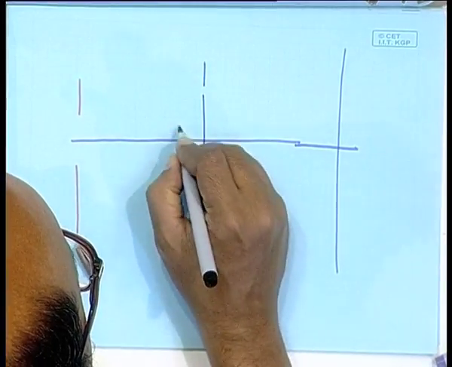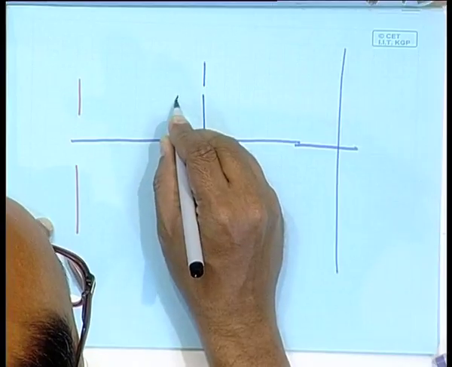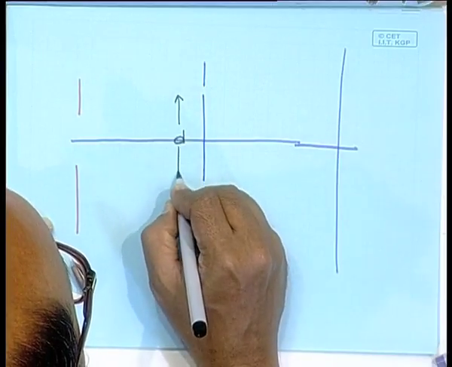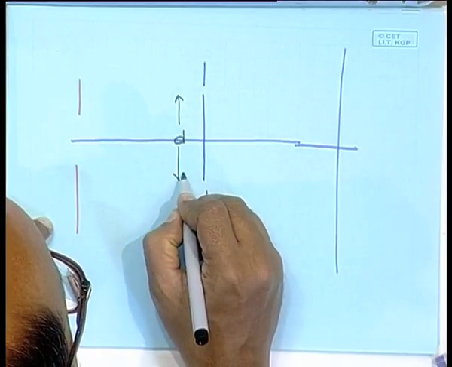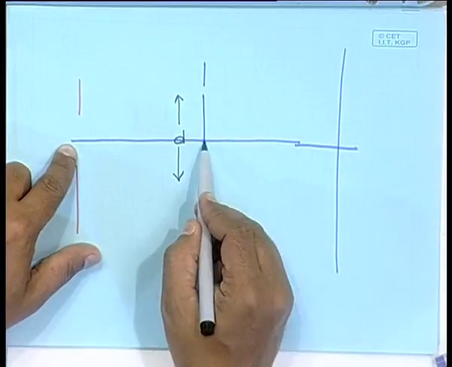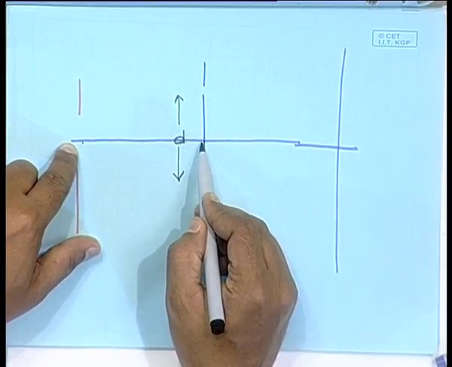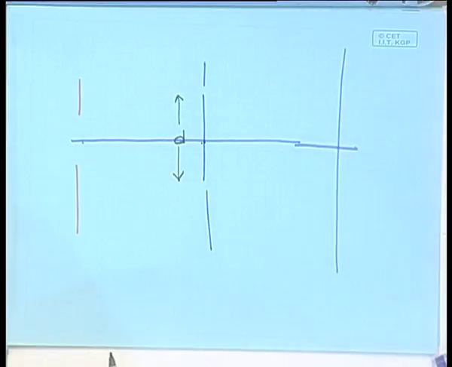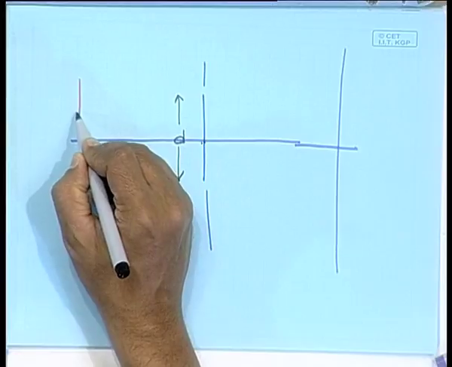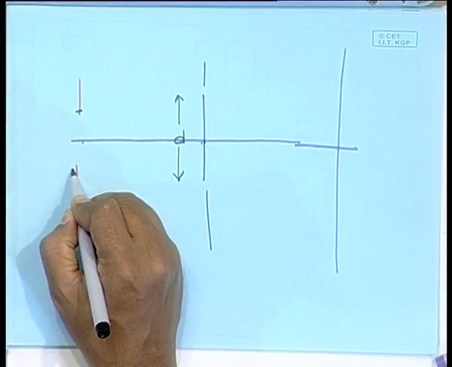The distances from the source to the slits and from the slits to the screen are quite large. That is the assumption that we are making. But now we are going to take into account the finite angular extent of the source.